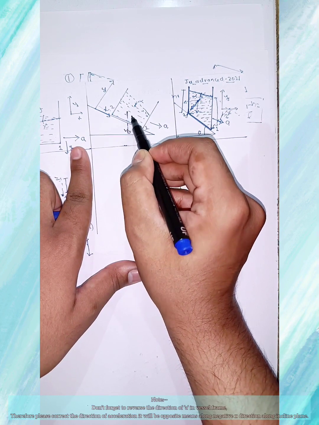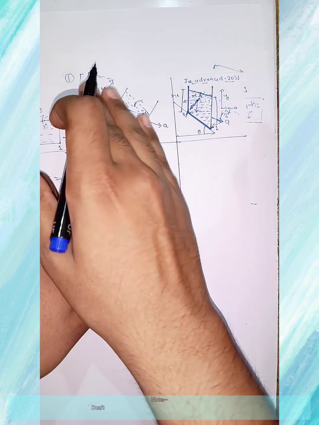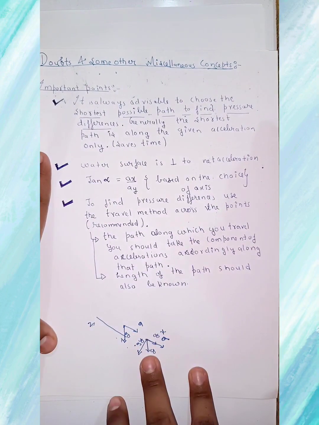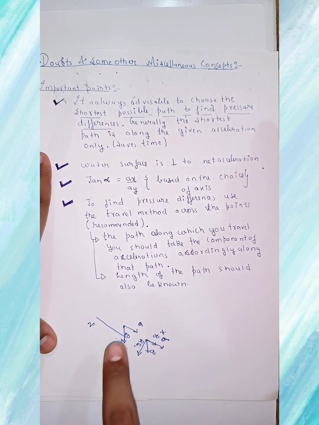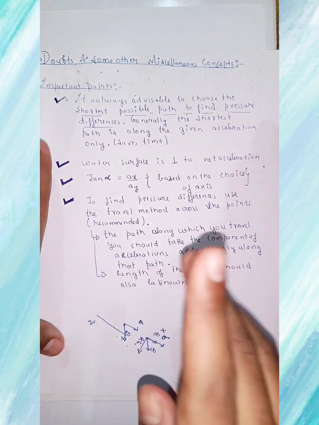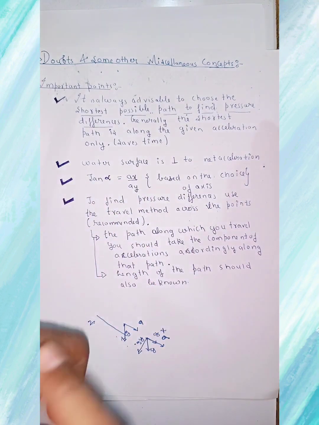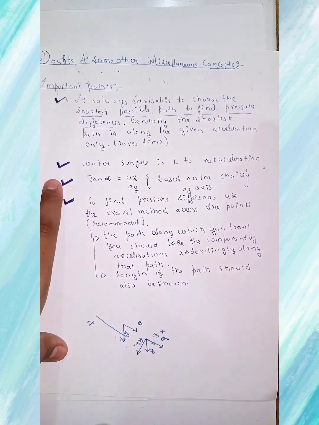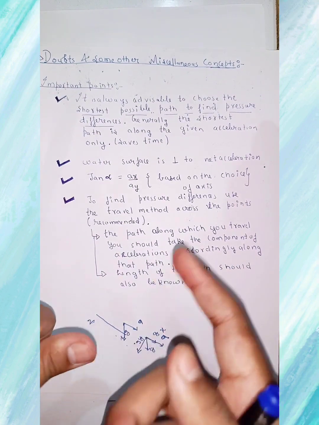In this situation, acceleration due to gravity is like this. So one component will be along this path and one component will be perpendicular to it. Please don't forget to take all the possible components which might exist along that path. You have to take those accelerations into consideration. The second is the length of the path. To find the pressure difference, you should know the length of the path which you are traveling, because these are the elementary things that you have to consider while applying this travel method.